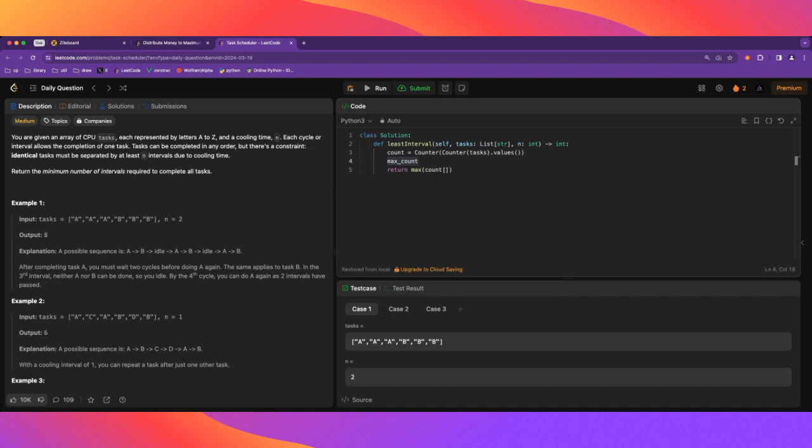And so the max count is going to be the max of the keys of the counter. I know this looks complicated, but if you think about it, it's not such a big deal. Again, we're ignoring the letters. We only care about the frequencies, and then we are counting the frequencies. So the keys are going to have the largest frequency, so the max count.